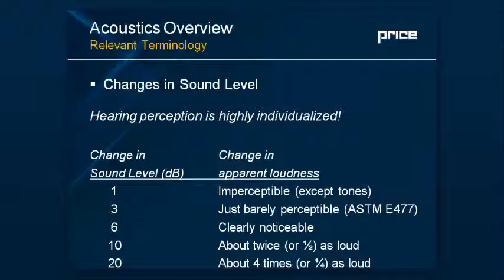It's also worth pointing out that the testing standard for silencers, ASTM E477, in its precision and bias statement, allows for a 2 to 3 dB tolerance. Part of it is because of the measuring tools, but part of it is, I think, because humans really don't notice a change below 3 dB.